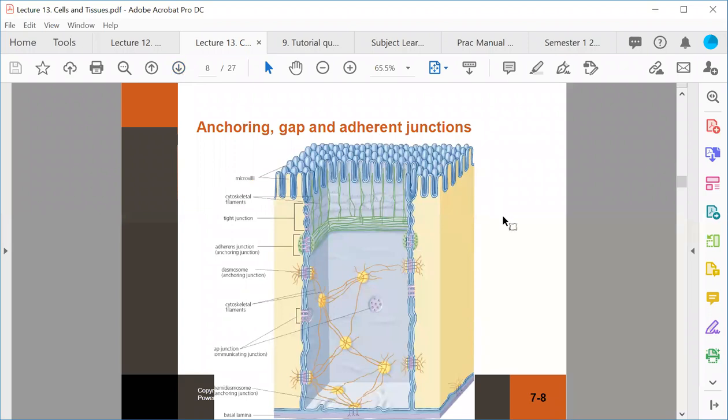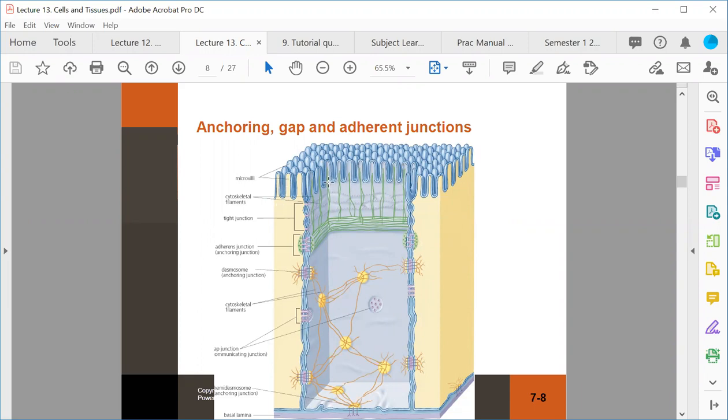Before we do, let's look at all of them together. In the middle, we have one cell of the intestine. To the left, we have part of an adjacent cell, and to the right in yellow, we have part of another cell.